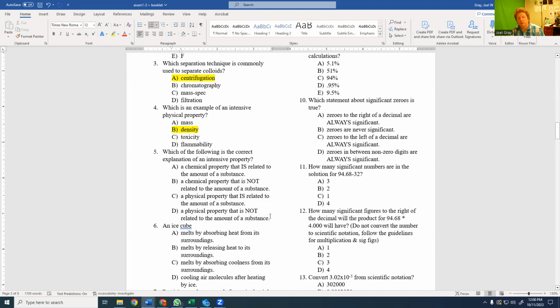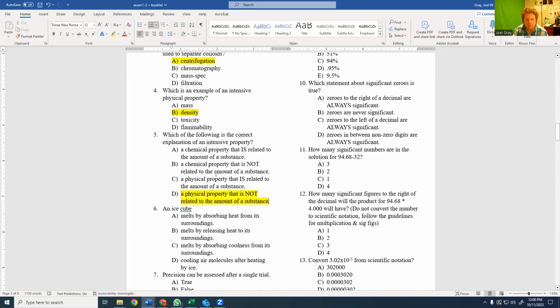Well, when we talk about intensive and extensive properties, we're talking about physical properties. So that is going to eliminate A and B as good answer options. And keep in mind that an intensive property does not relate to the amount. Therefore, our best answer for question number 5 is D, a physical property that is not related to the amount of a substance.